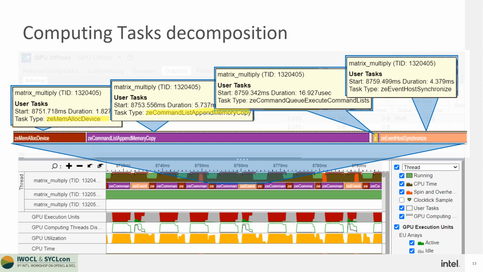As expected, the data transfer takes most of the time for the task execution. The execution itself takes an extremely small amount of time. The rest of the task execution is just bringing the data back to the host.